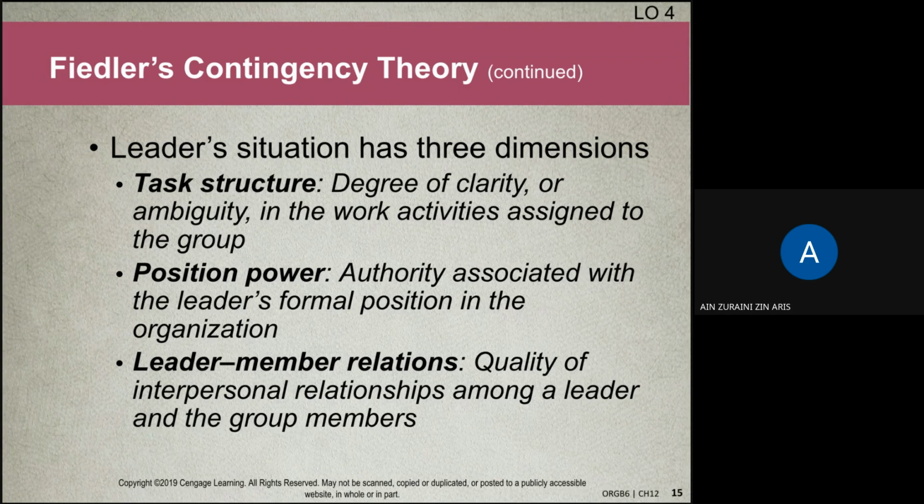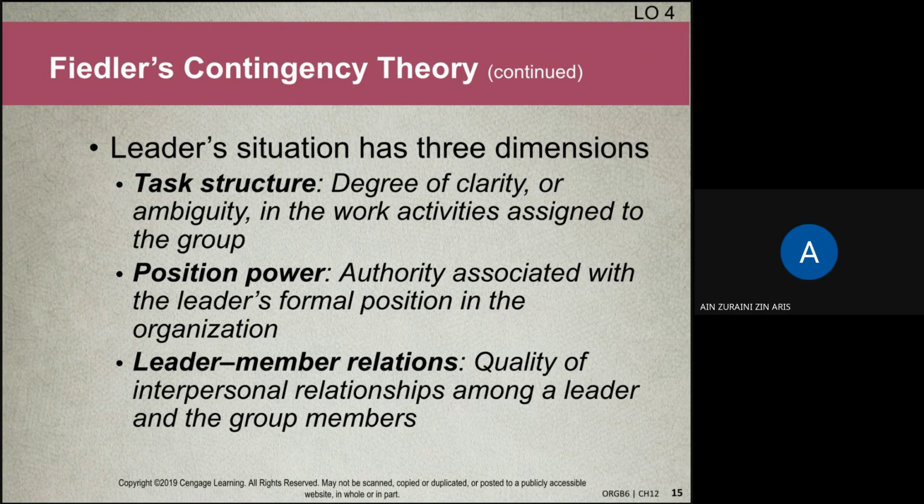the behavior. But if the leader has weak position power, they may be in a more advisory role. Okay, they might not have real authority over decisions. They have to rely more on persuasion than on position. So this makes the situation less favorable because the leader's ability to control outcomes is limited.